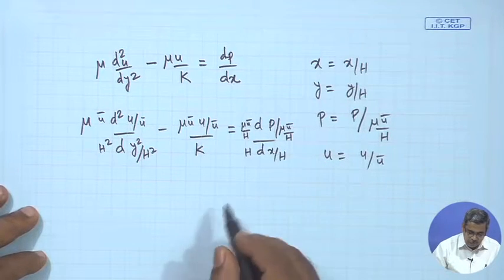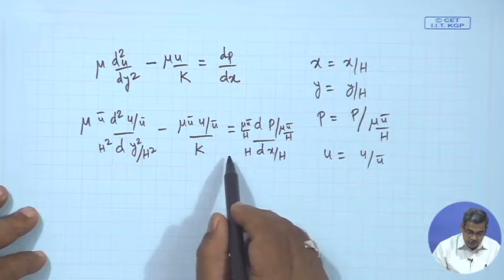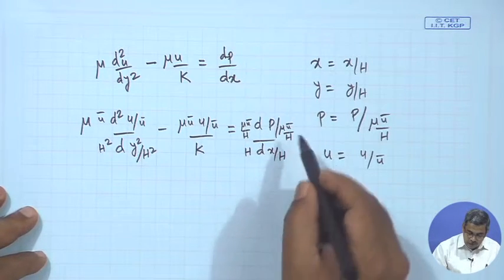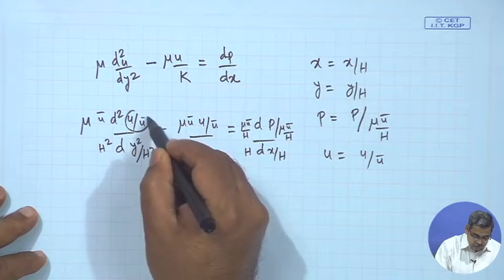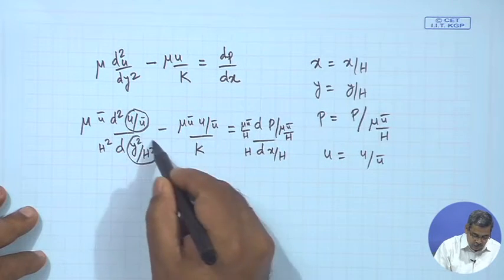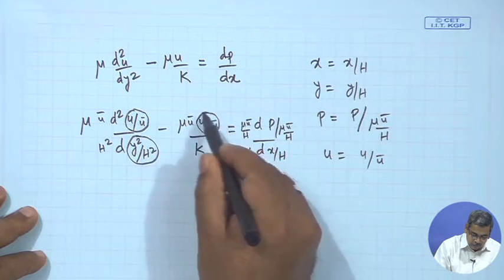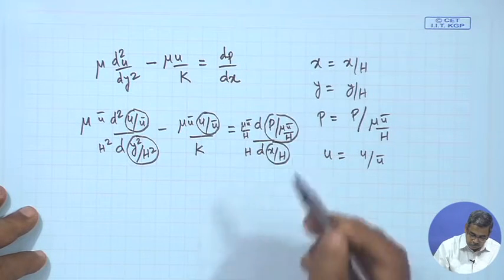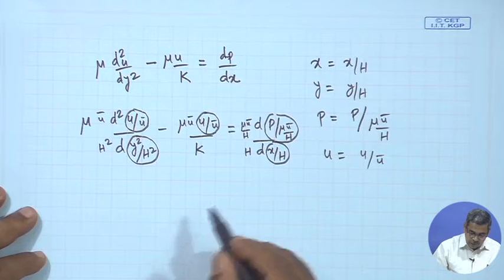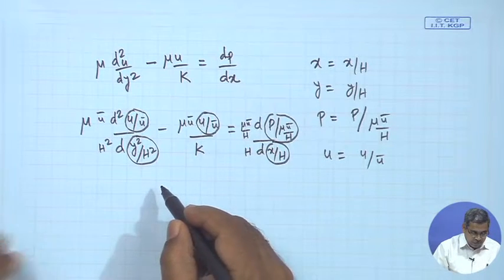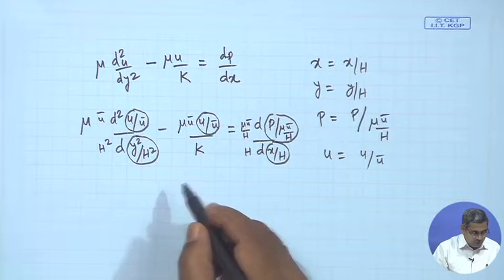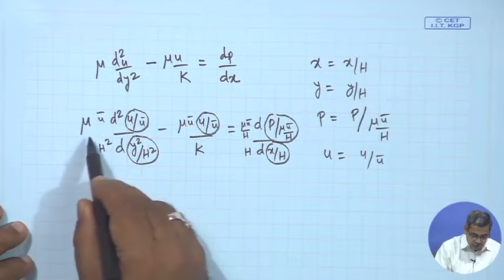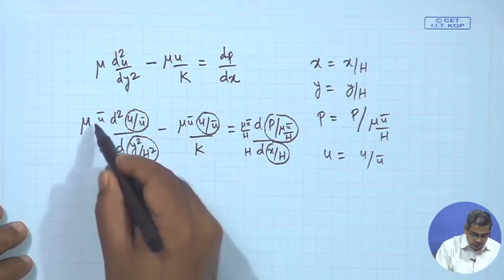Okay. So, now we try to simplify. Okay. So, this is the non-dimensional velocity, non-dimensional quantities. With this, if you simplify, the common factor is, let us say you normalize by h square by μ u bar.